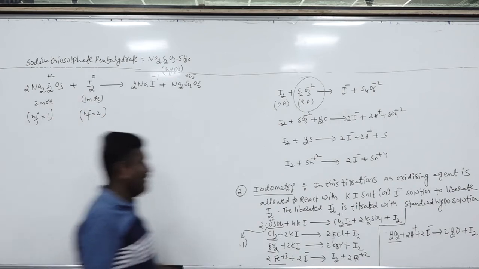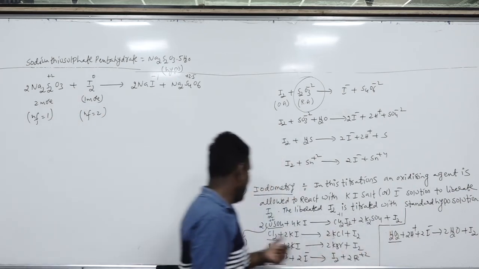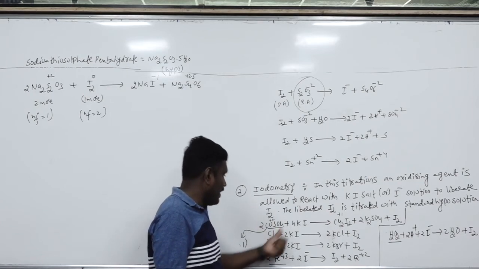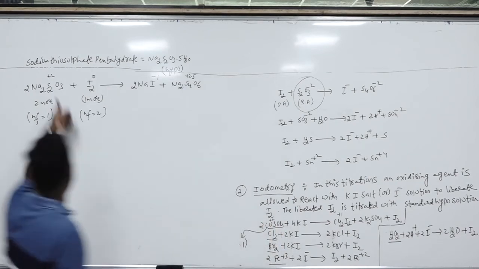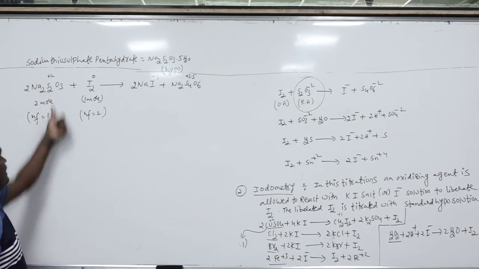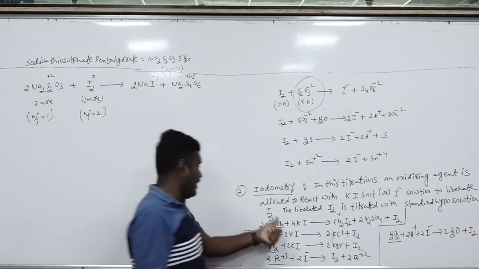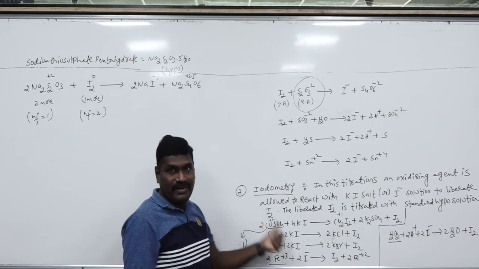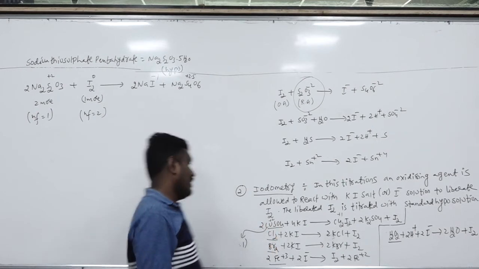Once we know the number of equivalents of iodine, we can calculate the number of equivalents of copper sulfate. If we know the number of equivalents of copper sulfate, we can find the number of equivalents of hypo indirectly. Otherwise, if we know the number of equivalents of hypo, we can calculate the number of equivalents of copper sulfate. From that number of equivalents, we can find the weight of the copper sulfate. Are you getting my point?